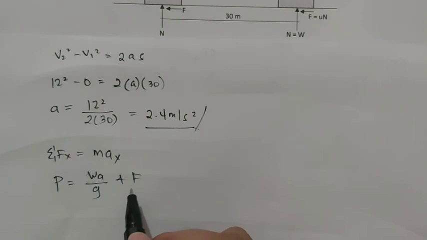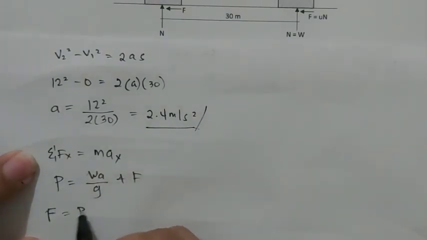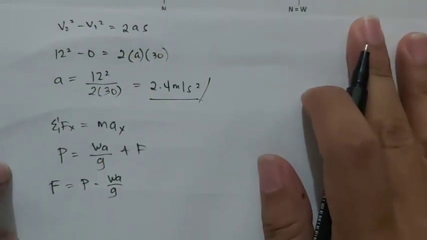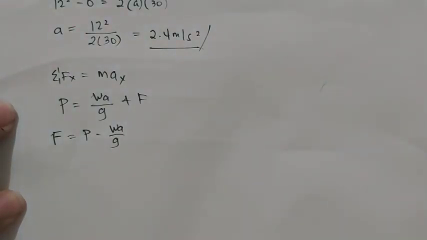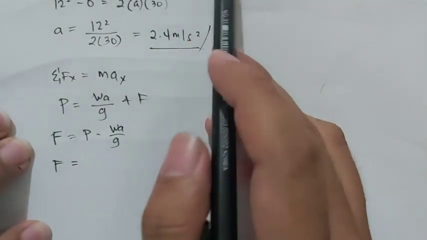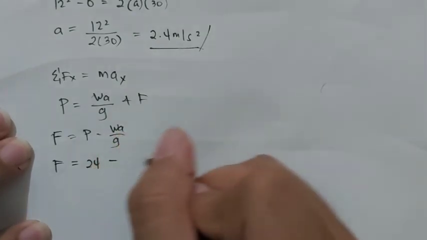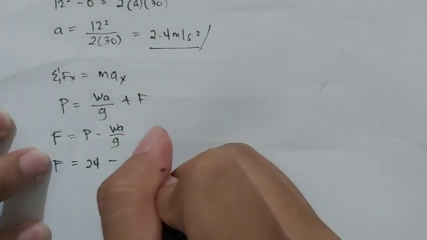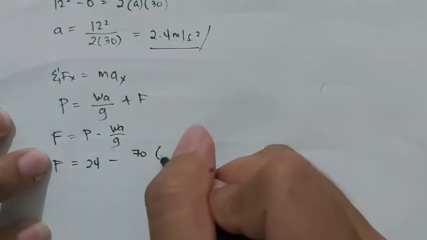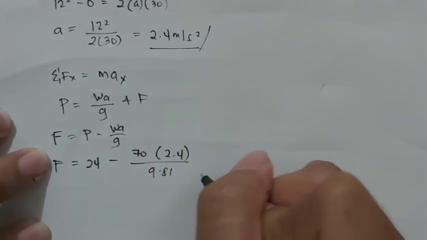Okay, so friction force will be equal to P, dilipat lang natin yung WA over g. Therefore, substitute natin yung ating mga values. We have P is, so given yung ating force P, which is 24 kilograms, 24 minus, so weight natin is 70 kilograms times acceleration natin, nakuha natin kanina is 2.4 all over the gravity, which is 9.81.